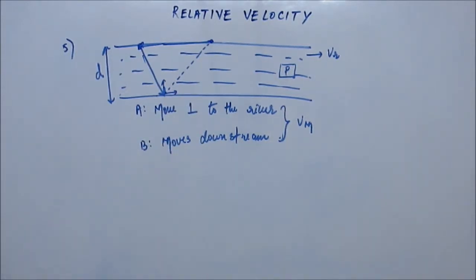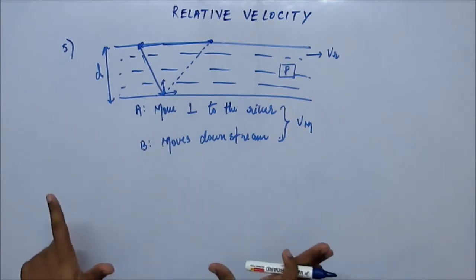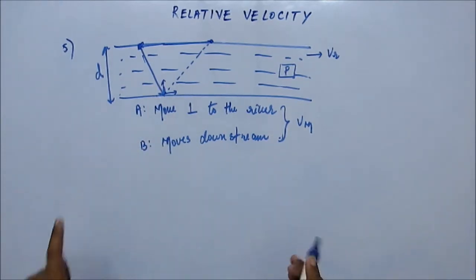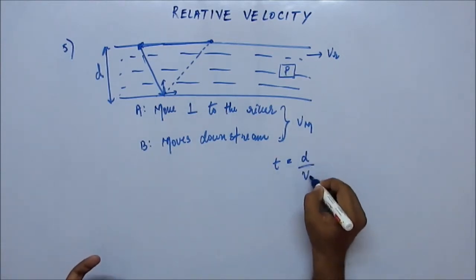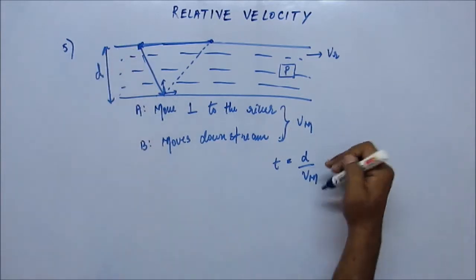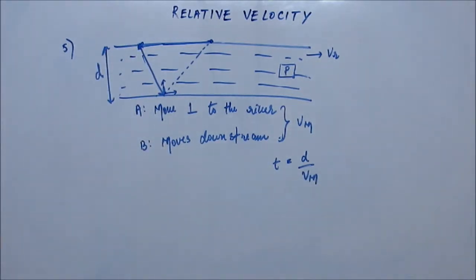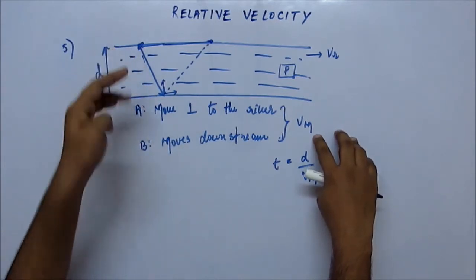Now the time taken for A to move to the other side of the bank will be determined by the velocity component which is perpendicular to the river, as we have discussed in the previous problem. So the time taken for A to move to the other side would be the width upon Vm, because Vm is causing the displacement perpendicular to the river.